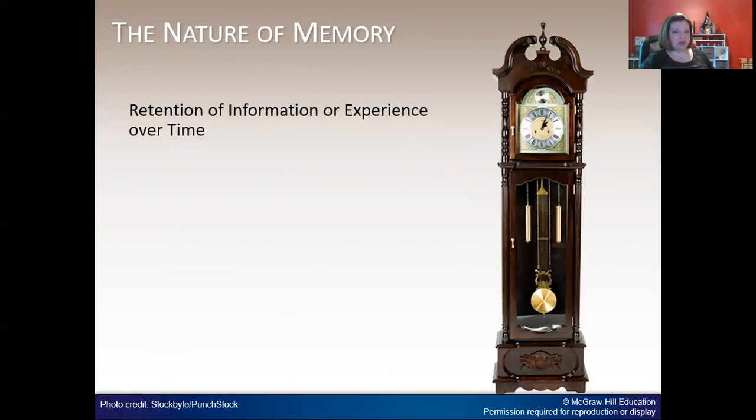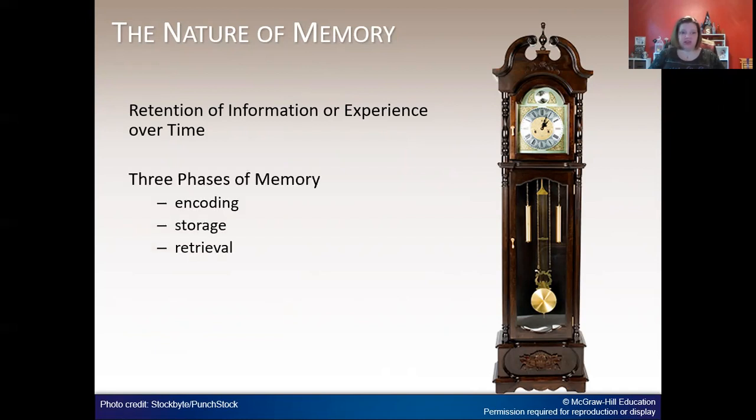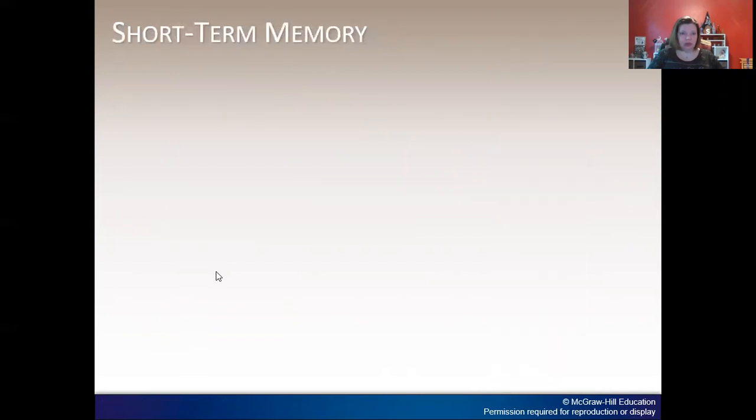So of course the first thing the textbook always does is tell you the definition, and the definition of memory is retention of information. And there's three different phases of memory. The first is encoding, then storage, and then retrieval.